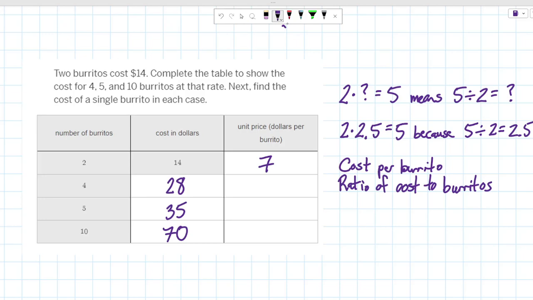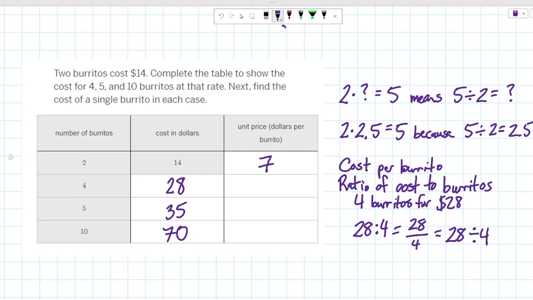So if we get 4 burritos for $28, then the ratio we're looking for of the cost to burritos would be 28 to 4, which is like 28 over 4, which we can think of as 28 divided by 4. And what is that? Again, that's 7, so we would put a 7 here.